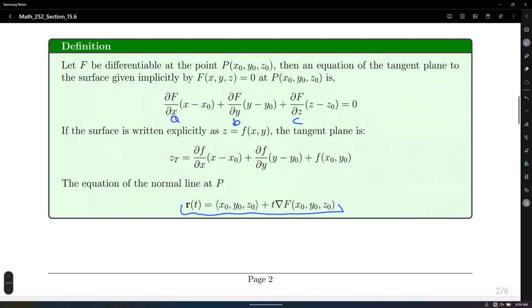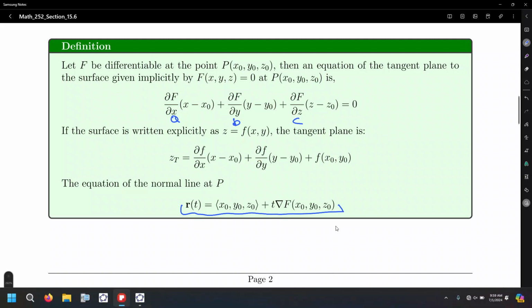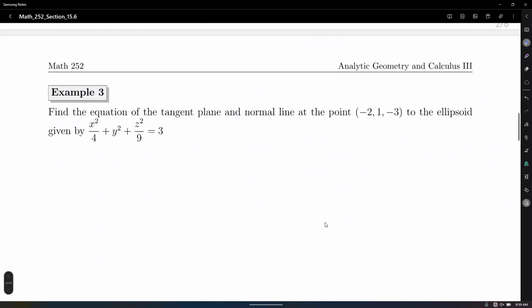All right. So let's see. Find the equation of the tangent plane and the normal line at the point (-2, 1, -3) to the ellipsoid given by this equation. Okay, so number one, we need to define an implicit function, x squared over 4 plus y squared plus z squared over 9 minus 3, and set it equal to 0.